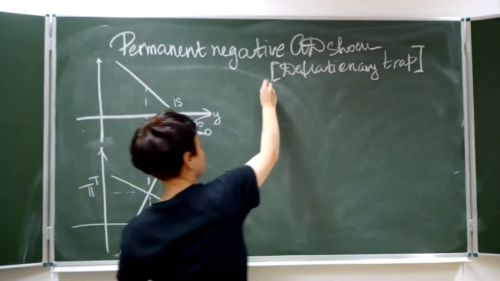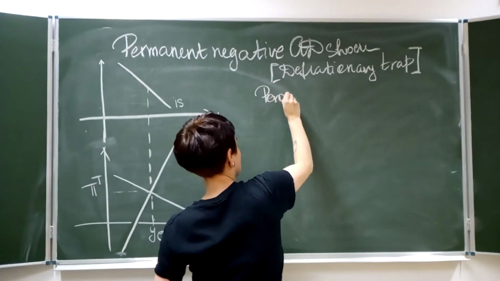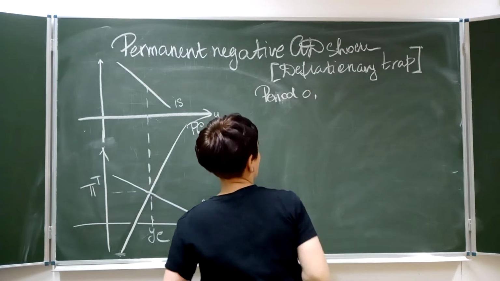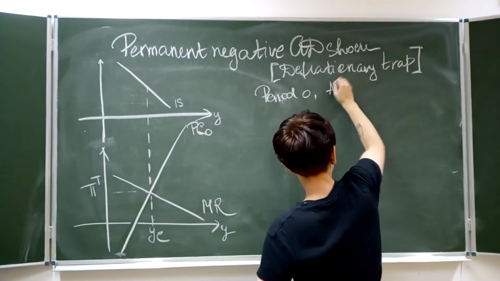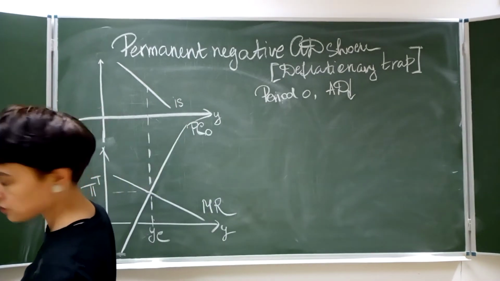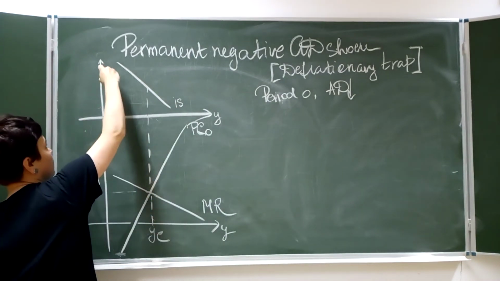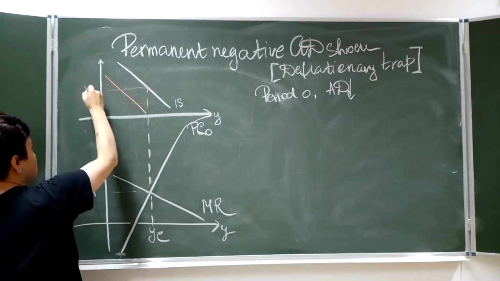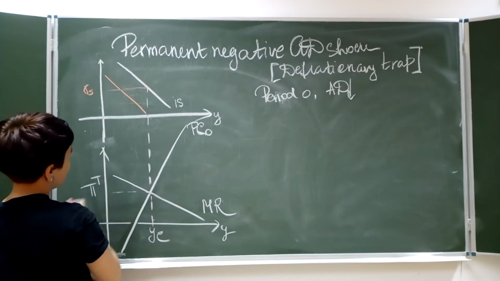In period 0, aggregate demand decreases, but we have a permanent shock, which means that we are going to stay on the same IS curve forever. So here we have the initial IS.